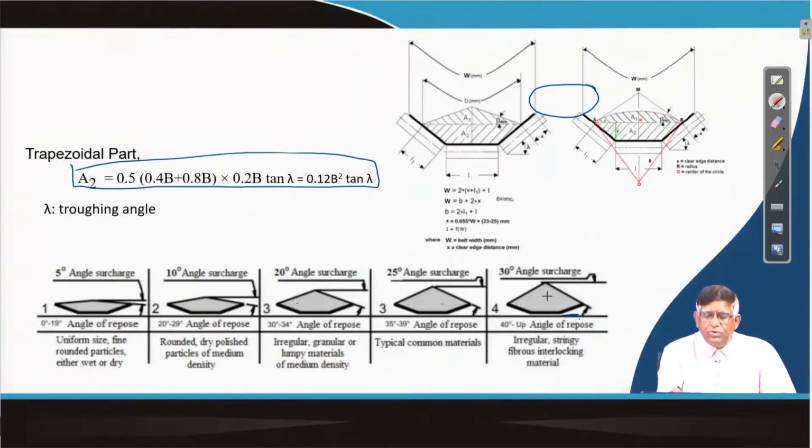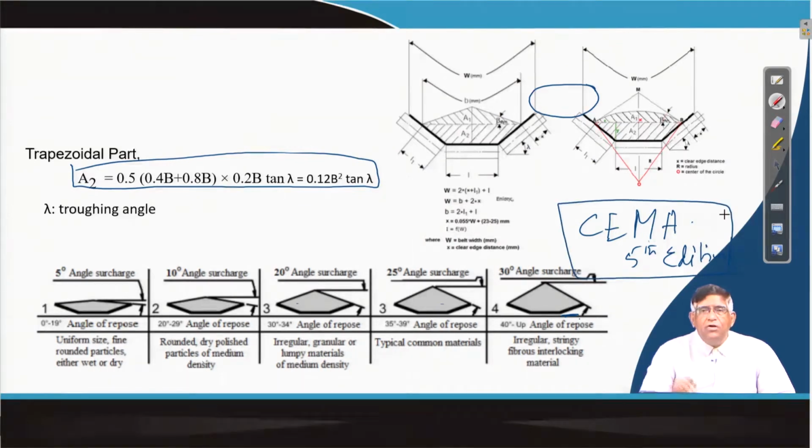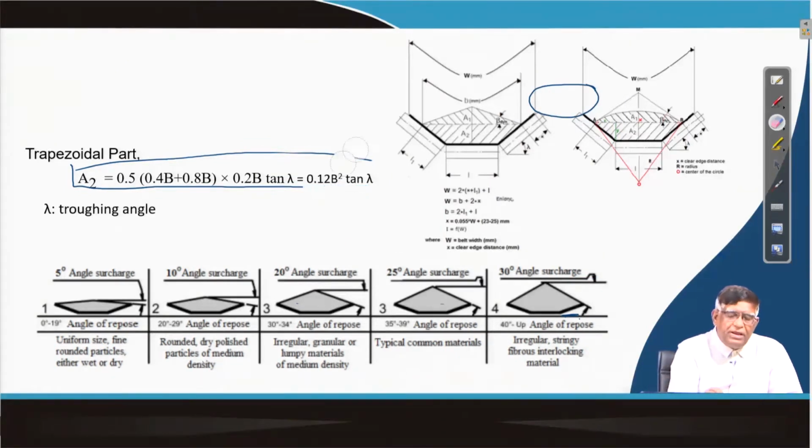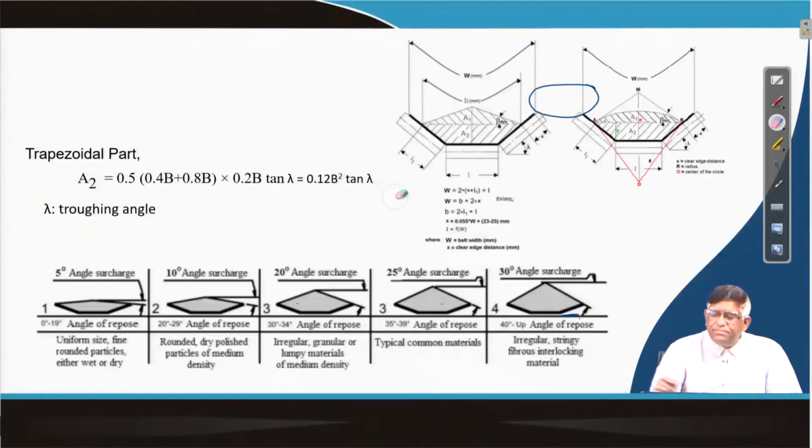I have always told you about the CEMA handbook, the Conveyor Equipment Manufacturers Association, the 5th edition, which is current now. You will have to refer to this for the practical calculations and the formulas to be used, because this area is the first part.